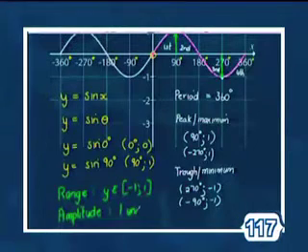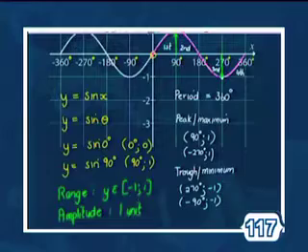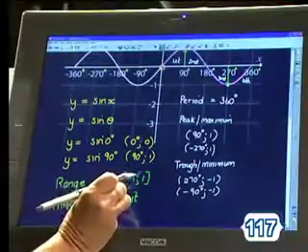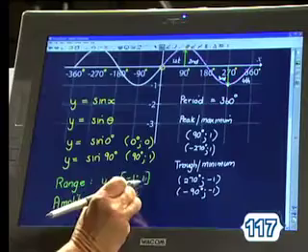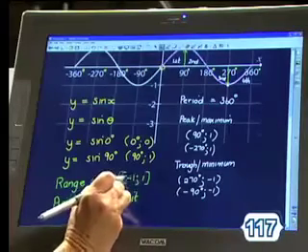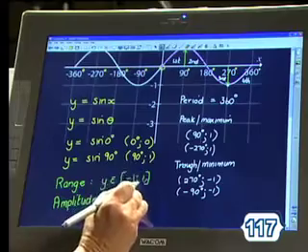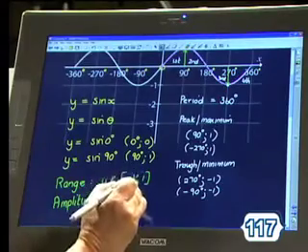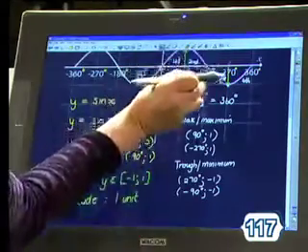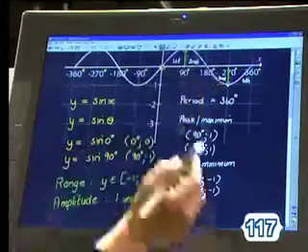And this particular graph has an amplitude of 1 unit. Now, relating to the range, our range was 2 units in total, from minus 1 up to 1. And our amplitude is half of that. So we took our range, which is 2, and divided it by 2. And that gives us our bump.